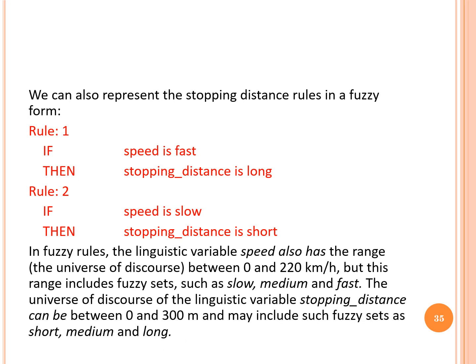In a fuzzy rule, the linguistic variable also has a range, the universe of discourse, between 0 and 220 kilometers per hour. But this range includes fuzzy sets: slow, medium, and fast.